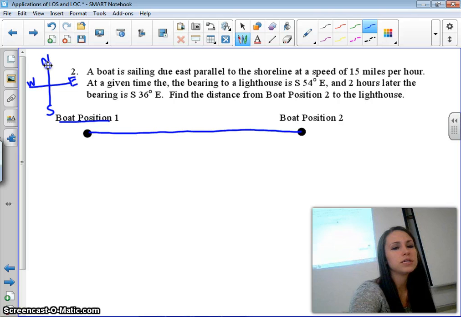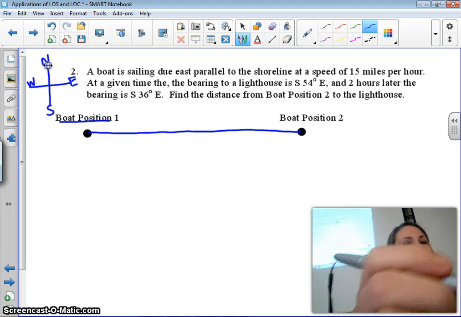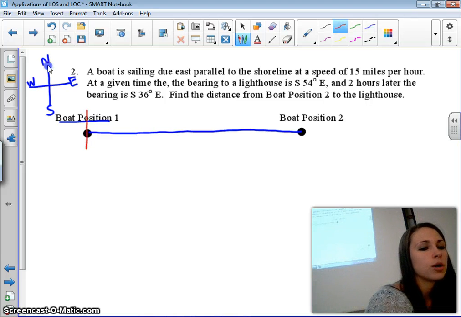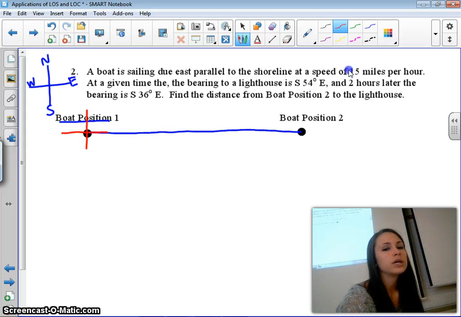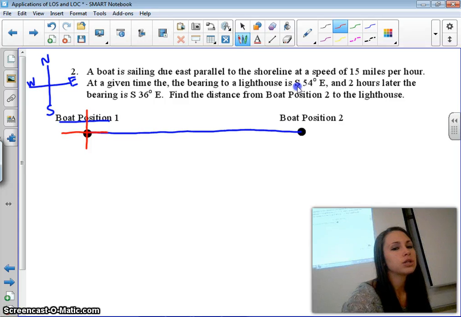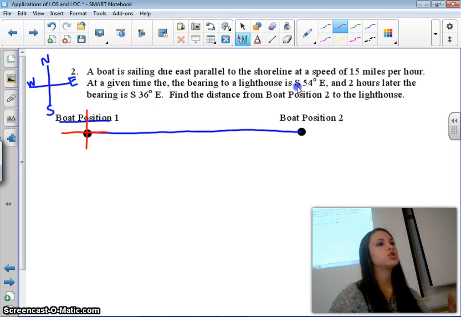So at a given time, the bearing to a lighthouse is south 54 degrees east. So in my position 1, I'm going to draw my little north, south, east, west thing right here. And when you read this, the first direction that they give you is the line that you're going to start on.